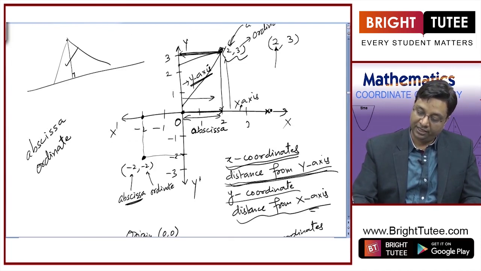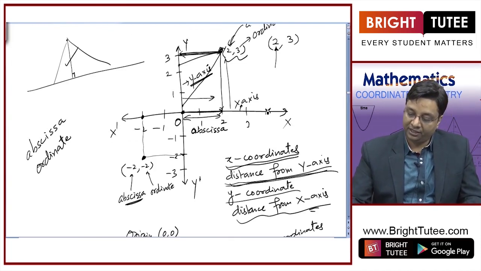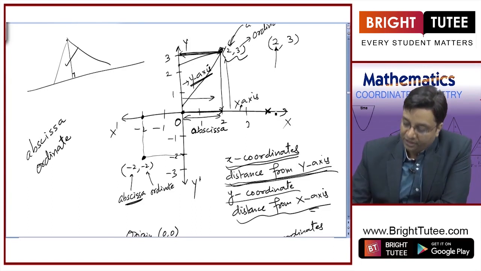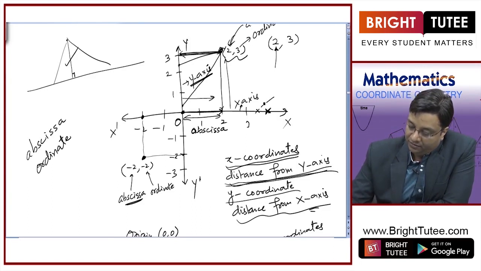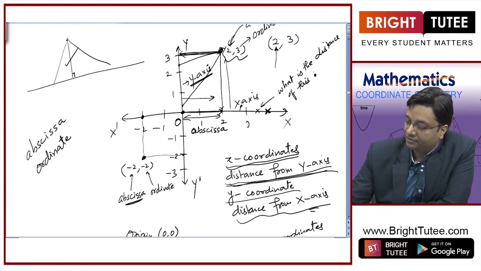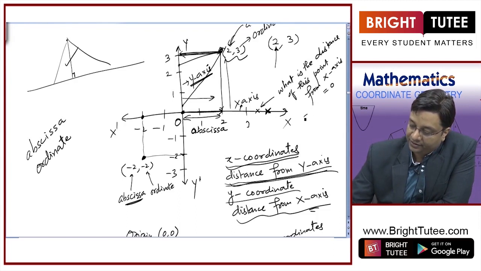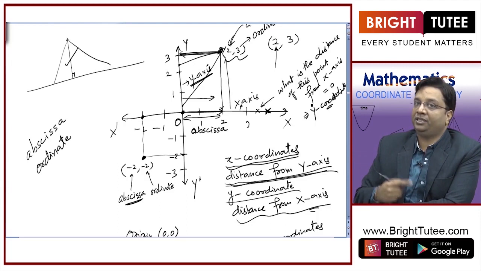If you have got any point on x-axis, what is the distance of this point from x-axis? Obviously 0, right? So the y coordinate of any point lying on x-axis will be 0.